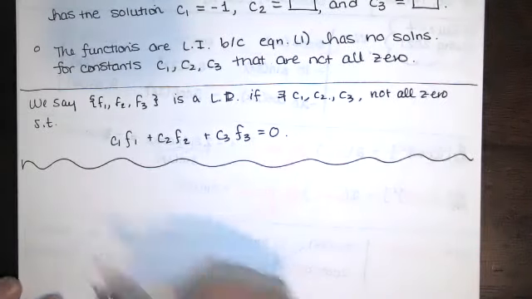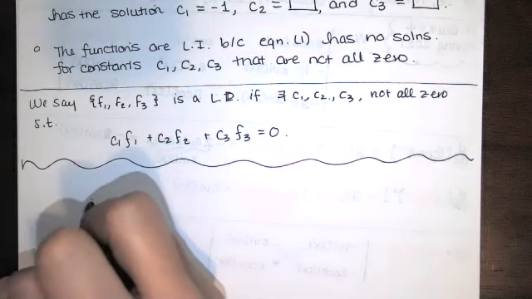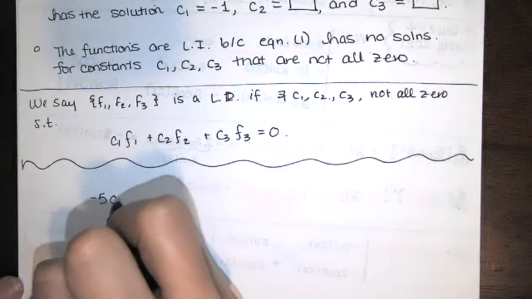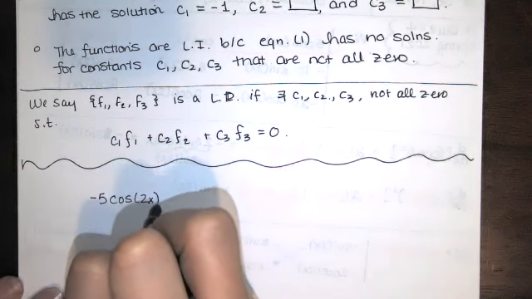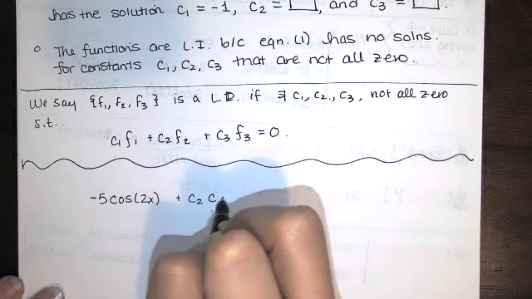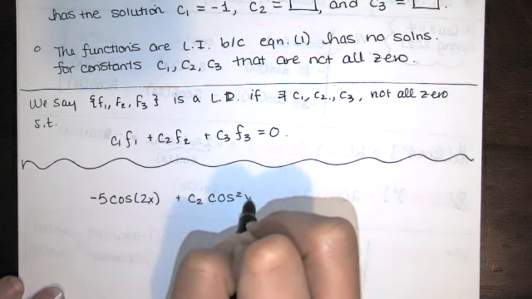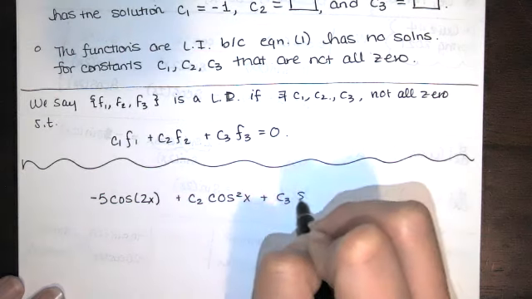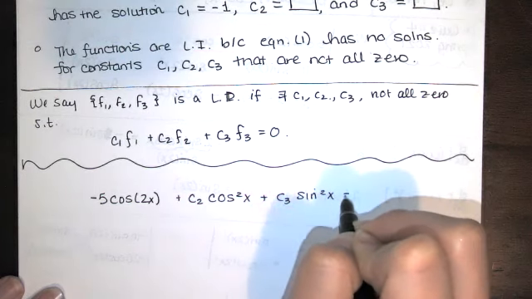Or in other words, they're saying, okay, if C1 equals -1, we'll have -5 cosine of 2x plus C2 times cosine squared x plus C3 times sine squared x equals 0.